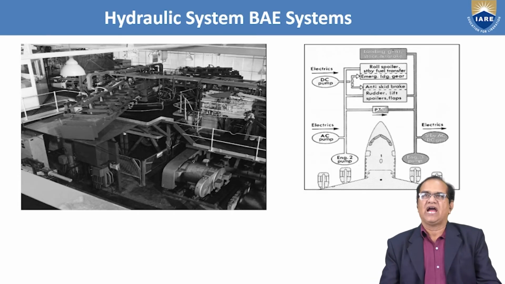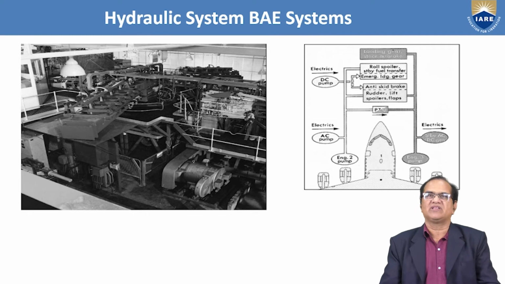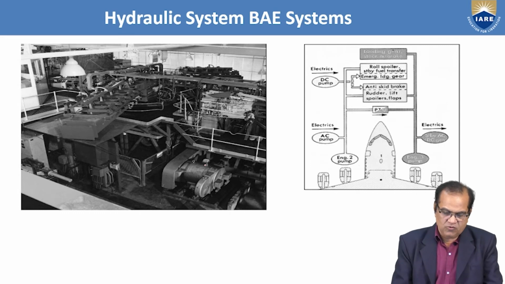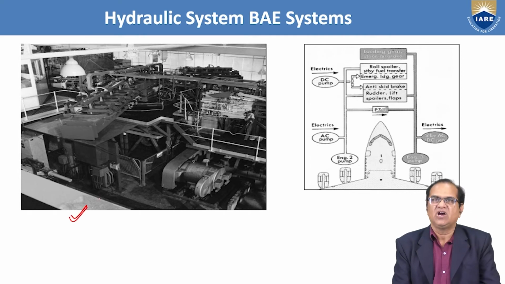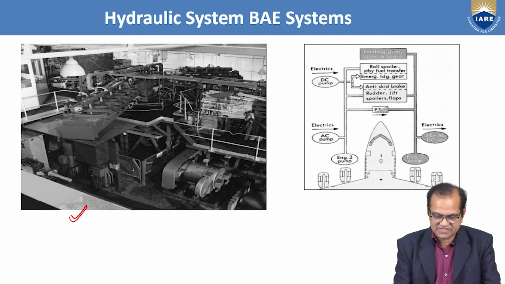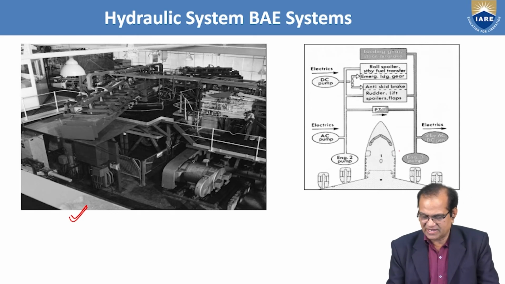This hydraulic system I have shown here is for the British Aerospace Systems company. It is called BAE. So a full hydraulic system is shown in this diagram. Here is your nose part, and here are engine 1, engine 2, engine 3.